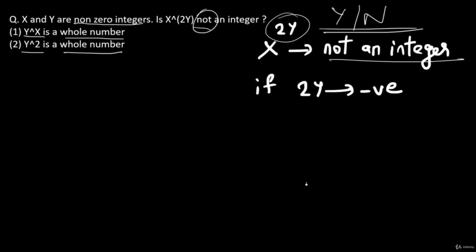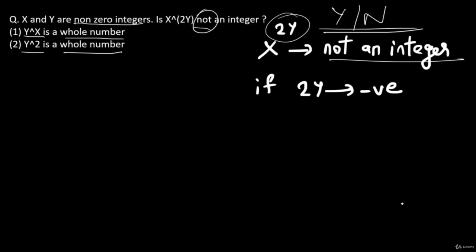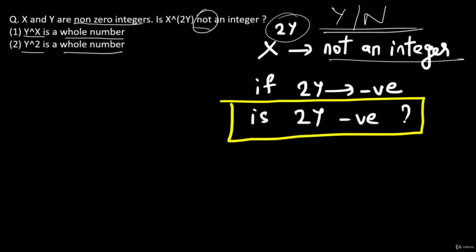Let's take an example: 4 to the power minus 6. This is equal to 1 by 4 to the power 6, and therefore you can see that this is not an integer. So if you have the power as a negative value, then you don't get an integer. So this question is basically whether 2y is negative or not. So we have simplified the question.